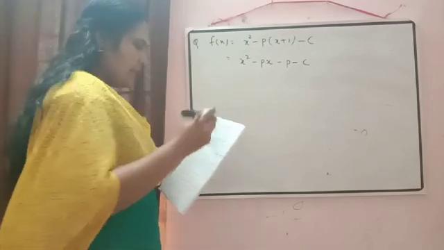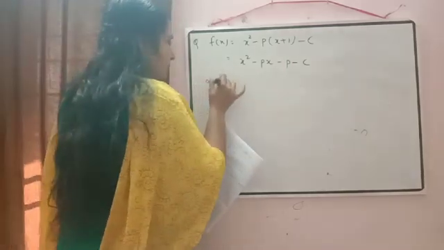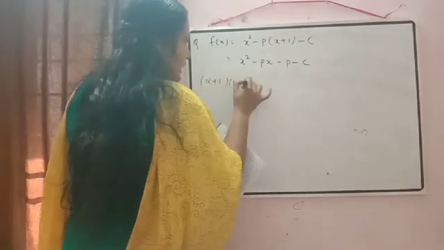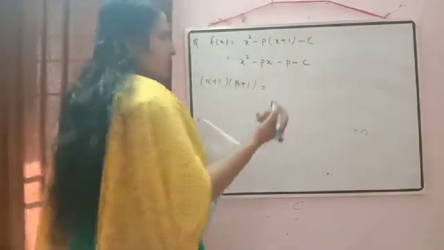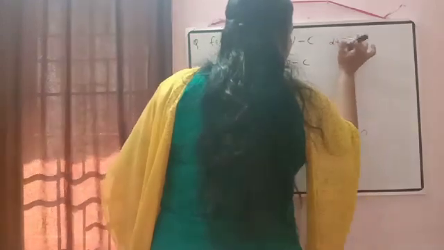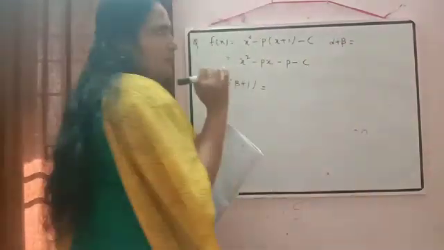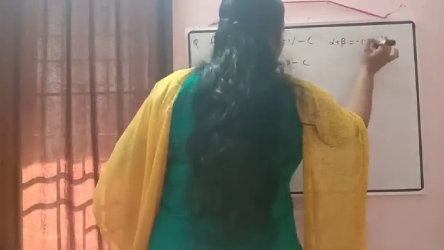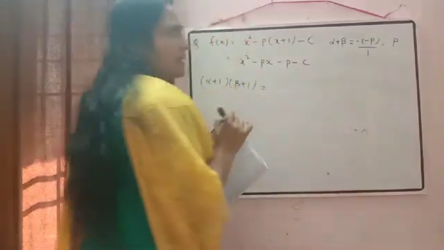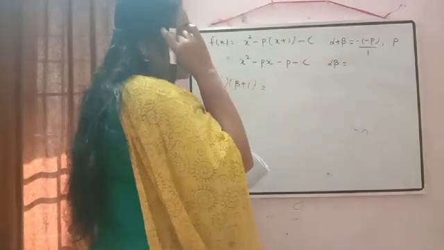Okay. Now we have to find alpha plus 1 into beta plus 1. It is given alpha and beta are the zeros. So we know if alpha and beta are the zeros, alpha plus beta is equal to minus b by a. So minus of minus p by 1, we will get alpha plus beta is equal to p, and alpha beta is equal to c by a, the term in which x is not there.